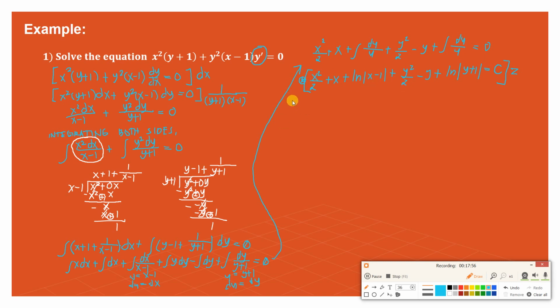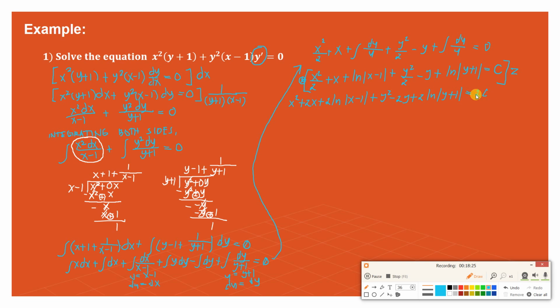So, we have x squared plus 2x plus 2 ln of x minus 1 plus y squared na lang. Wala na yung 2. Minus 2y plus 2 of ln absolute value of y plus 1 equals 2c.